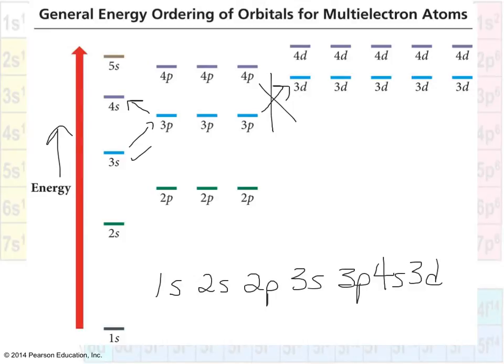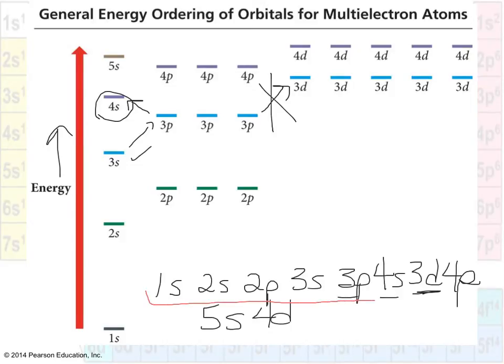This trend continues for every higher level s sublevel. So let's continue. 3p, 4s, then you go back to 3d, and then 4p, 5s, and 4d. So let's take a minute and look at this trend. Everything seems pretty hunky-dory until you get to the 4s.